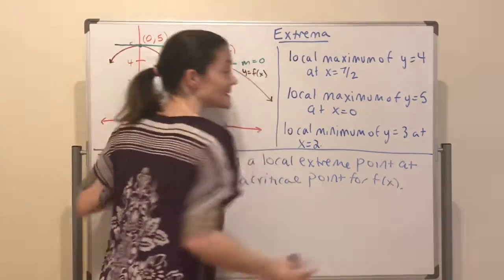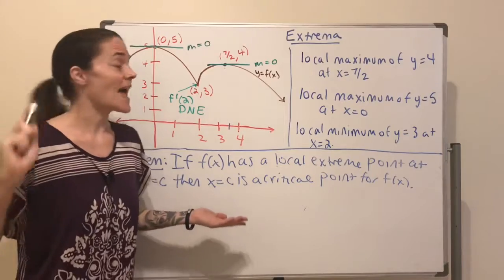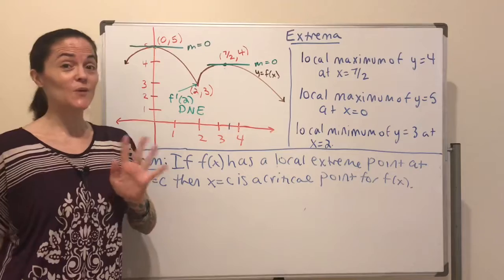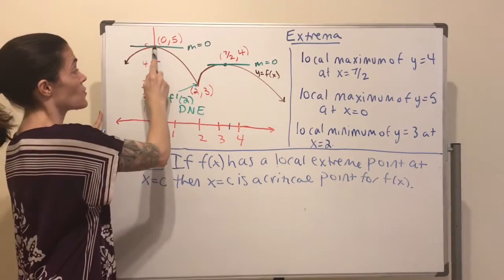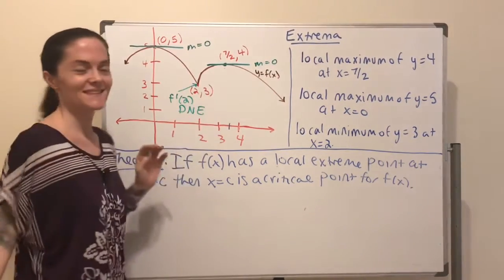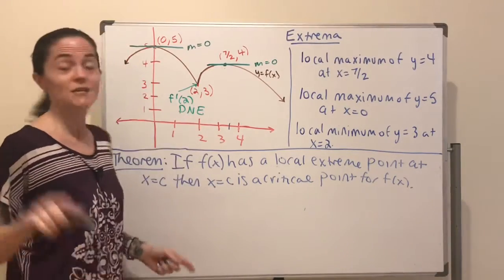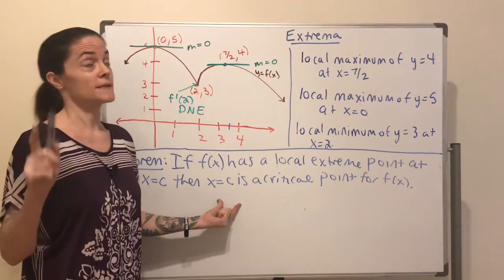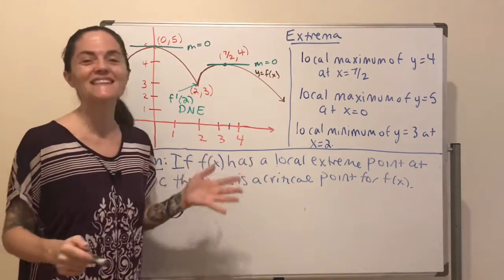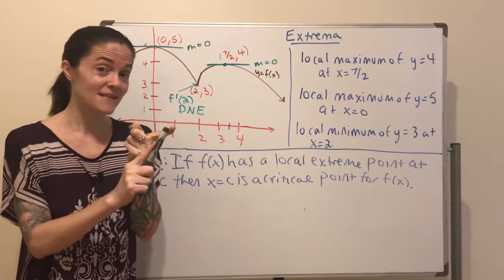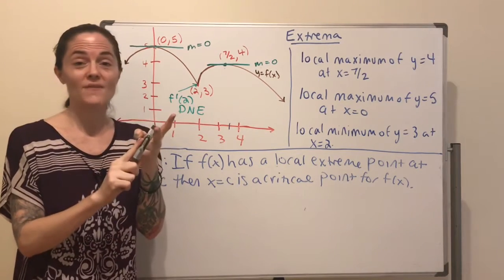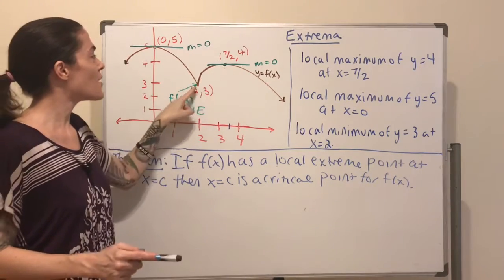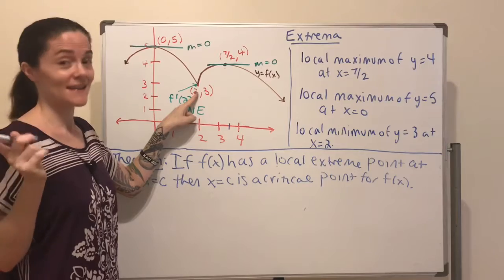What this says is that if f has a local extreme point, meaning local max or local min, and we see 3 of them here, local max, local min, local max, then the x value is a critical point, meaning either f prime of x is 0 or f prime of x does not exist. And we see that here. Derivative is 0, derivative is 0, the derivative does not exist. Okay?